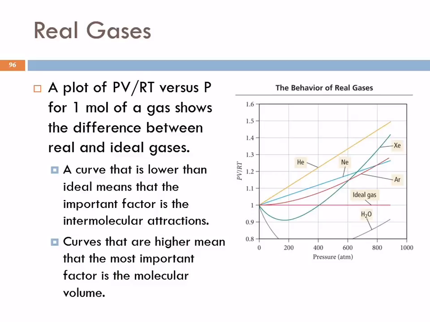And so water is lower. There are some significant intermolecular attractions between water molecules. Helium doesn't really have intermolecular attractions, even at low temperatures. If the curve is higher, it means the most important factor is the molecular volume. So the volume is more important than interactions.